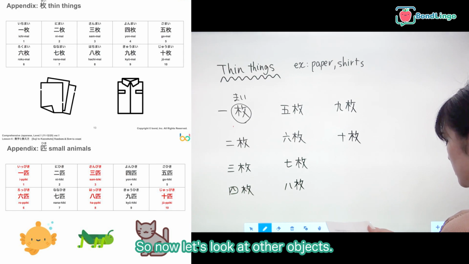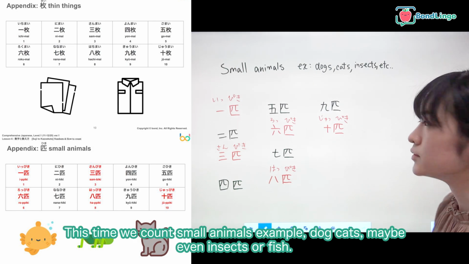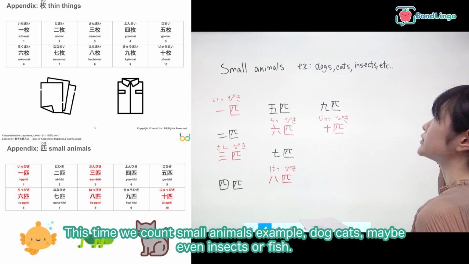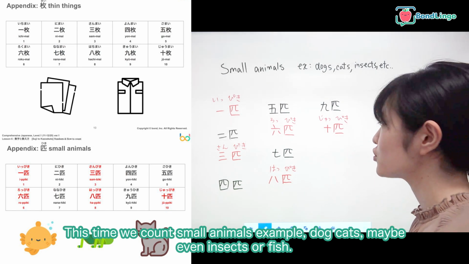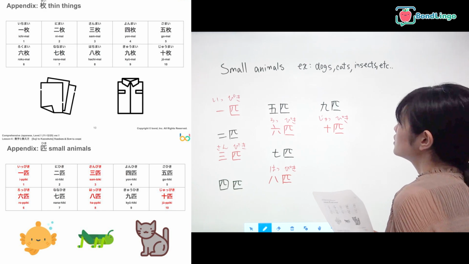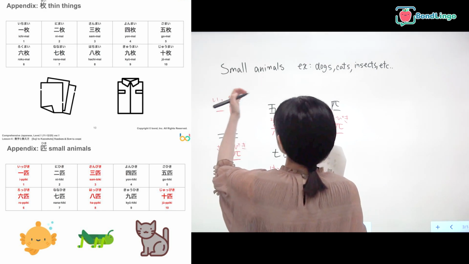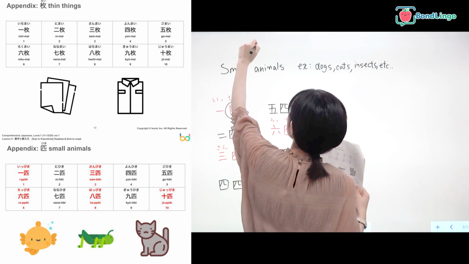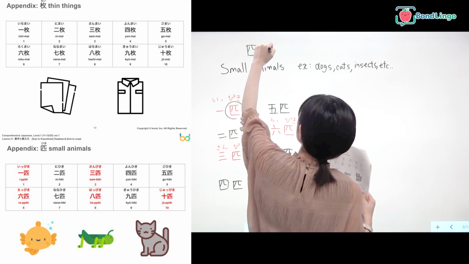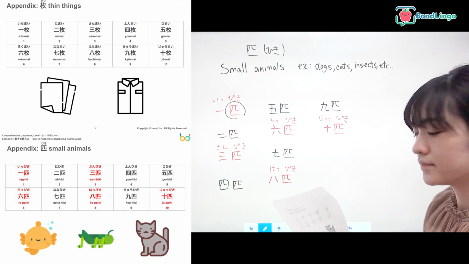Right, so now let's look at other objects. This time let's count small animals. For example, dogs, cats, maybe even insects or fish. When we count small animals, we use this kanji. We read this hiki.